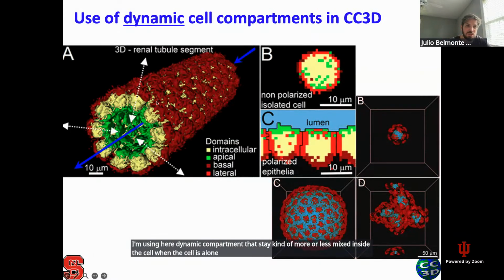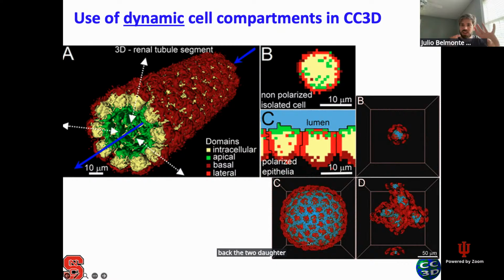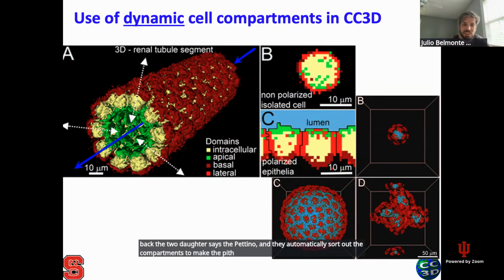And as soon as one of those cells that make the epithelium grows and divides, loses polarity, I place the cell back next to the two other cells of the epithelium, and they automatically sort out the compartments to make the epithelium, right? And they have a little bit more rules to tell the cells to actually go and co-localize their places.